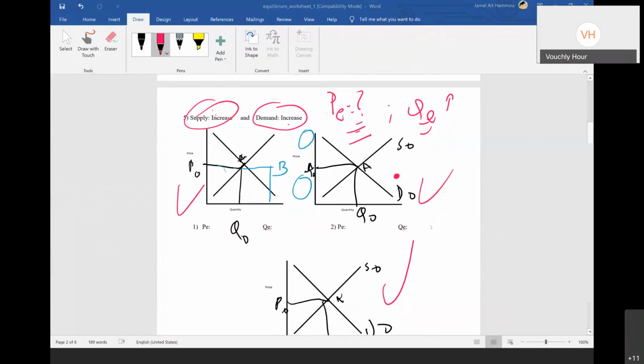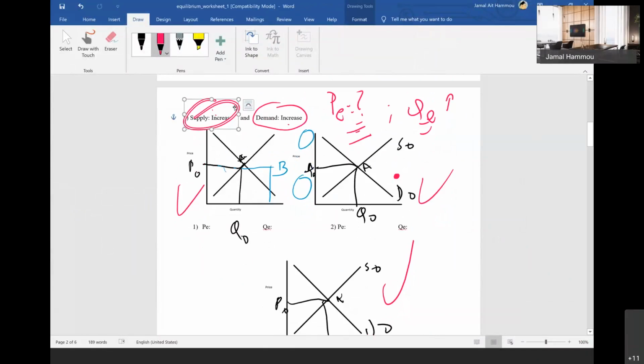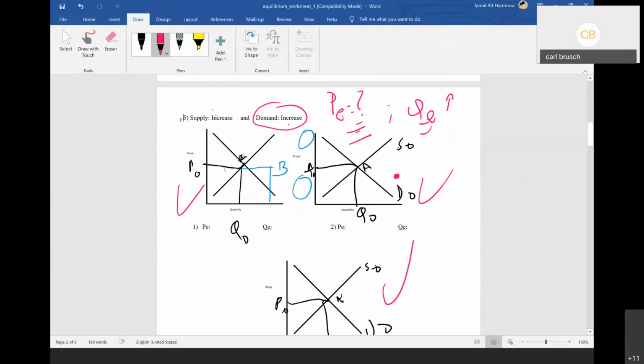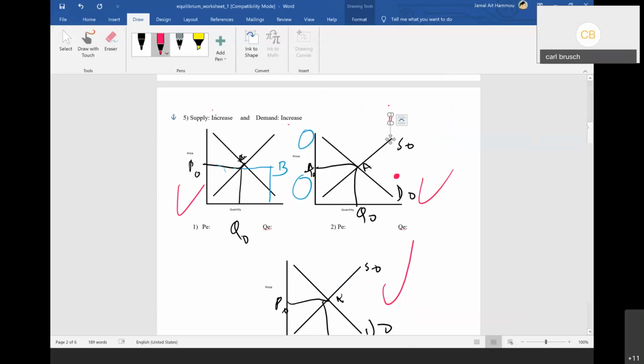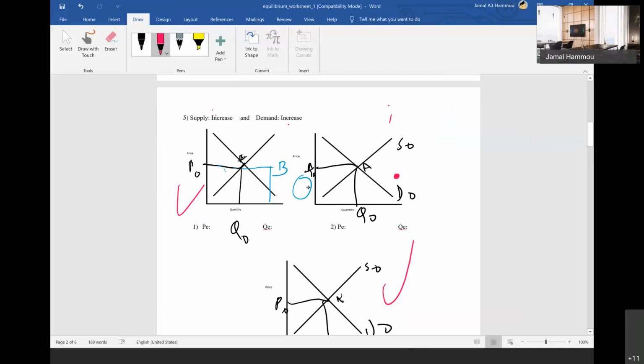Yes. Okay. Let me just see. Are you looking at number 5, supply increase and demand increase? That's what you're seeing on your screen. You can just mute your stuff.